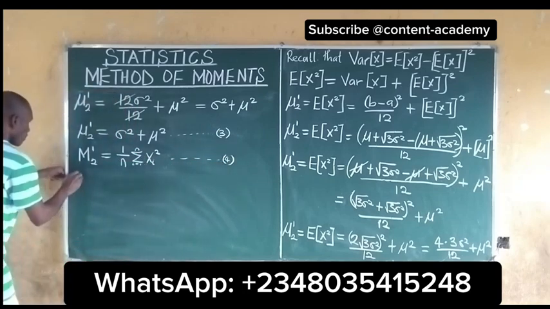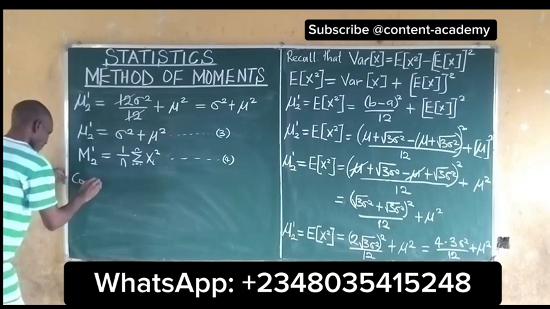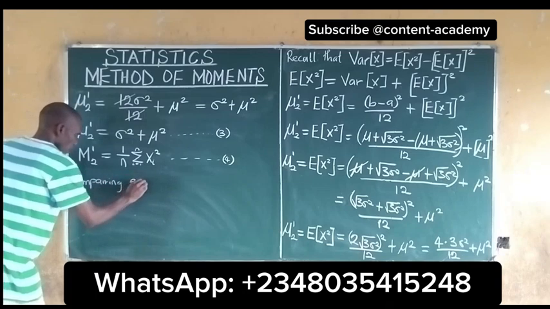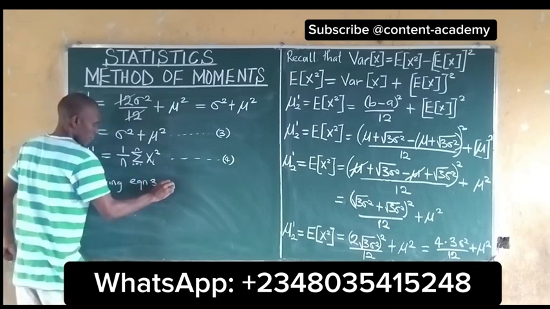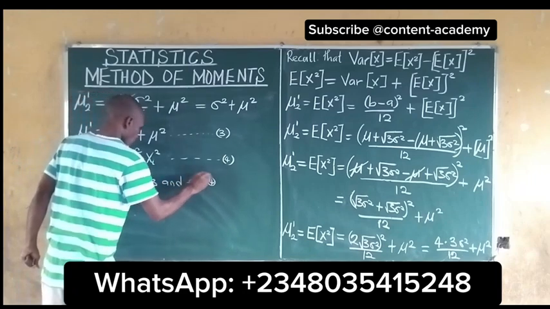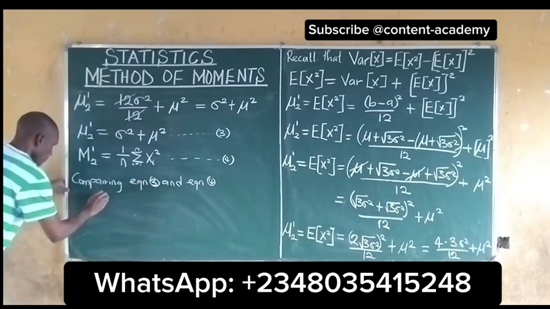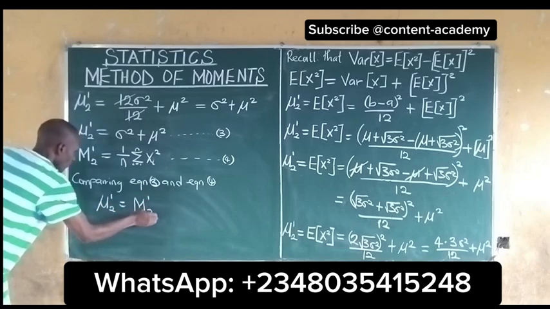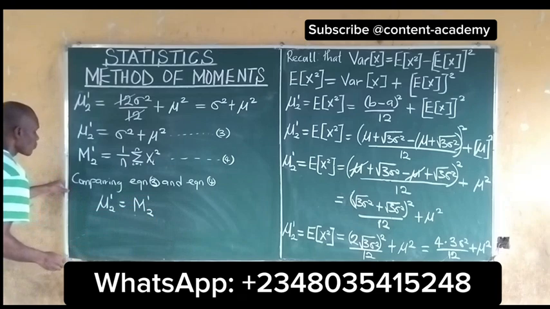So comparing equation 3 and equation 4 together, we have mu 1, 2 to be equal to our sample mean 1, 2.